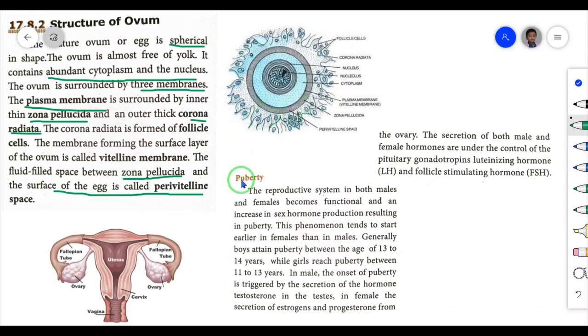Next one is puberty. What is puberty? The time when a child's body is changing and becoming physically like that of an adult is known as puberty.